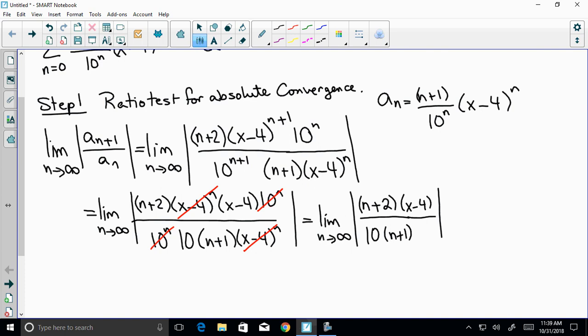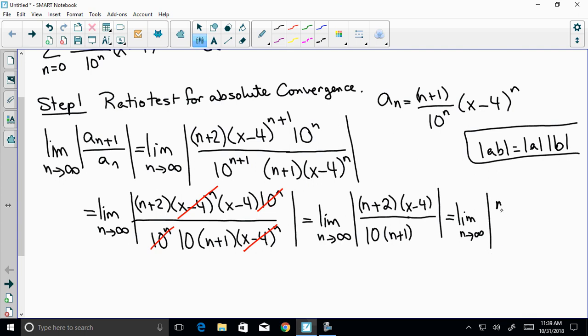Now, we have a rule for absolute values, that the absolute value of A times B is the absolute value of A times the absolute value of B. That enables me to take this x minus 4 out of this absolute value. So I can write this like this: the limit as n goes to infinity, absolute value of n plus 2 over 10 n plus 1, times the absolute value of x minus 4.